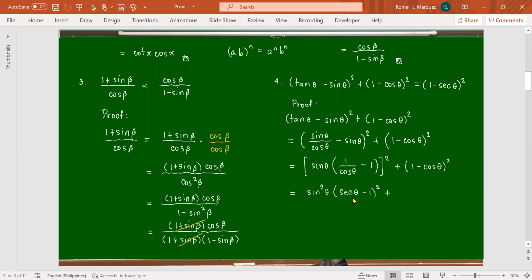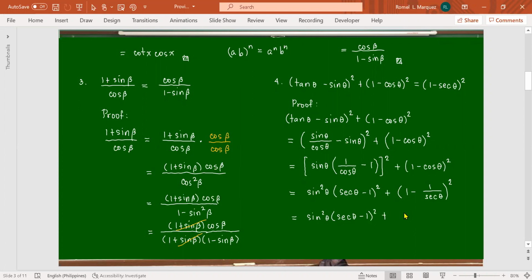And then, since this is in terms of secant theta already, I have to express this also in terms of secant. So this is 1 minus 1 over secant theta, then quantity squared. From which I can now get the LCD in the second term.